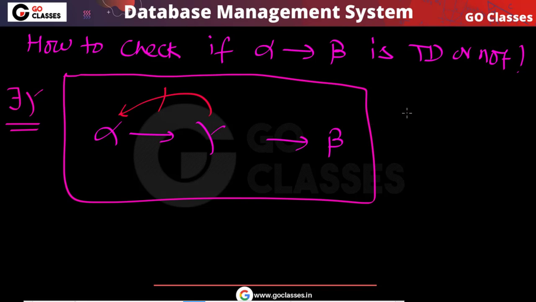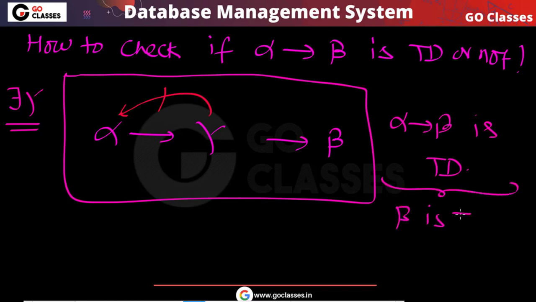In this situation we will say that alpha determines beta is a transitive dependency, or I can say that beta is transitively dependent on alpha. So this is the definition.